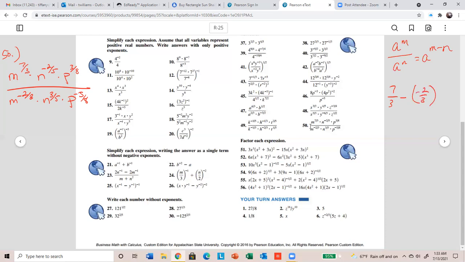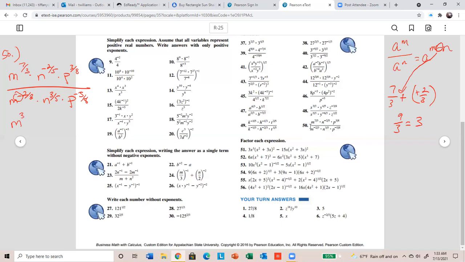Notice your rule has a standard minus sign, and you also have to account for the negative that you have in the problem. So 7/3 minus negative 2/3 is equivalent to plus a positive. So that's 9/3, which is 3. So I'm going to have m cubed.